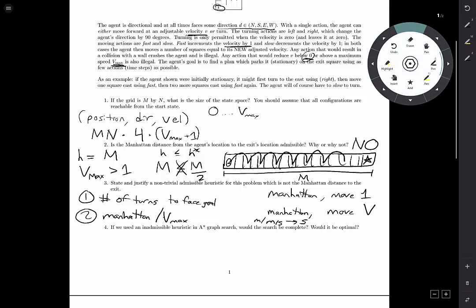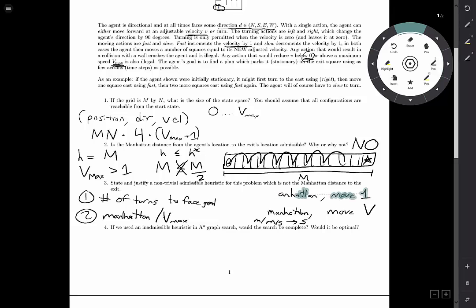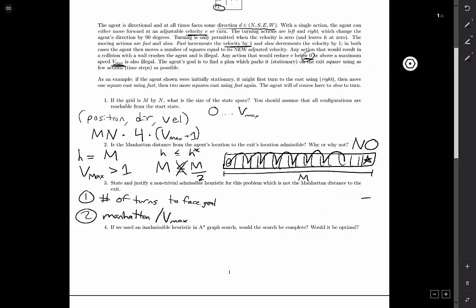Okay. And now I'll briefly touch on a third possible heuristic, although there could be many, many more. So we can improve upon number 2 by accounting for acceleration and deceleration.